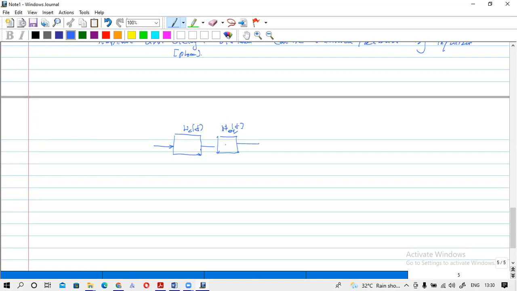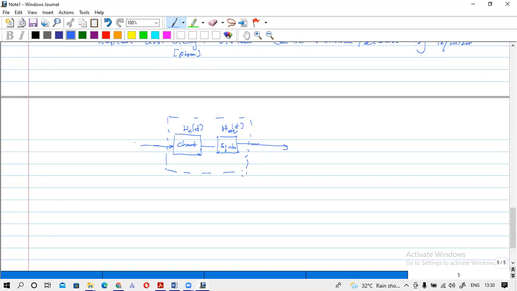So this is the equalizer, and this is the channel. Now both the channel and the equalizer will create distortionless transmission.